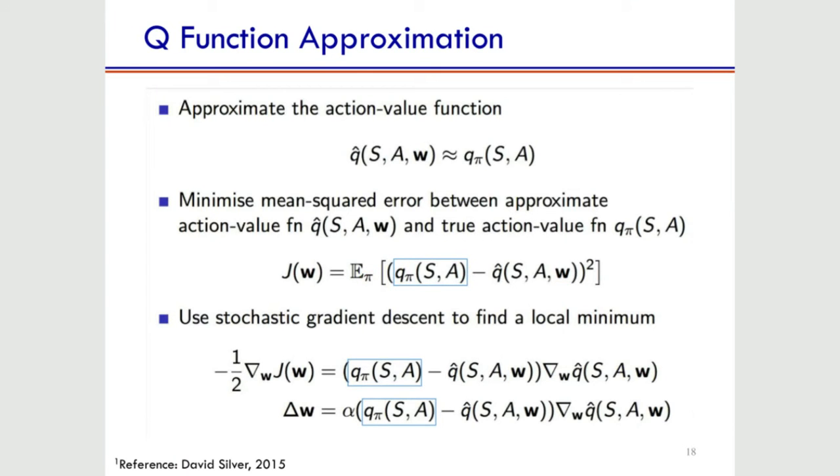So how do you find a w? You can do gradient descent. You have least squares loss. Take the gradient. Okay, so the gradient would be just the argument itself times the gradient of the thing which involves w. If you have anything with a squared loss, you'll have the square loss without the square, times the gradient of the function, which is the function of w in this case.